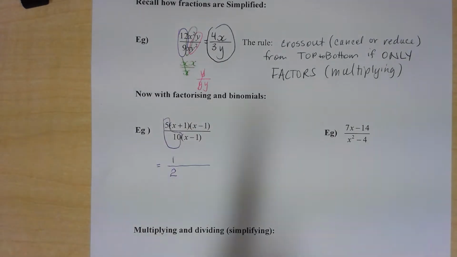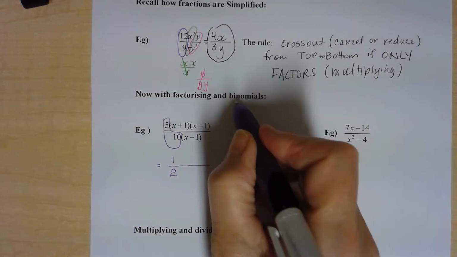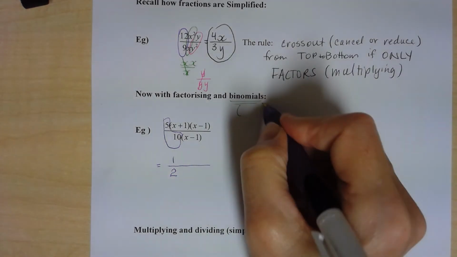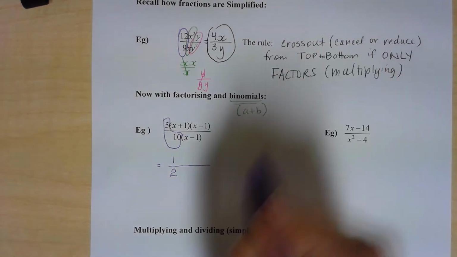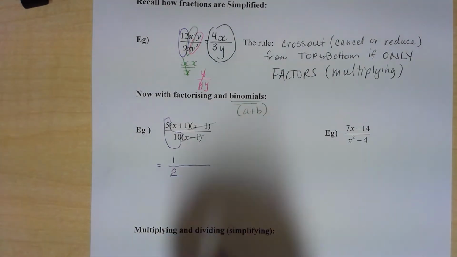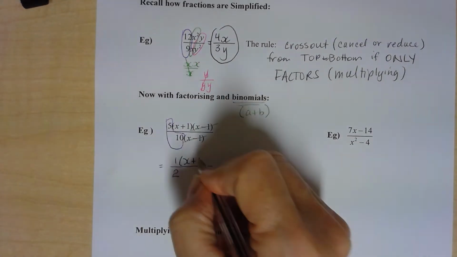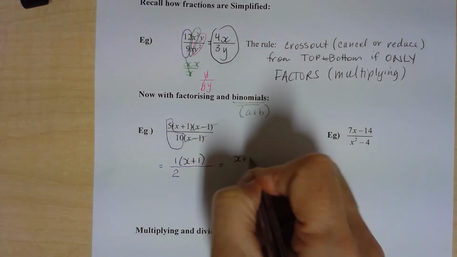And then I look at any binomials. By binomials I mean those things in the brackets, right? Any binomials that are the same. Well, since these two are the same, I can wholesale cross the whole thing out, and I'm left with just the x plus 1 on top. So the answer is just x plus 1 over 2.